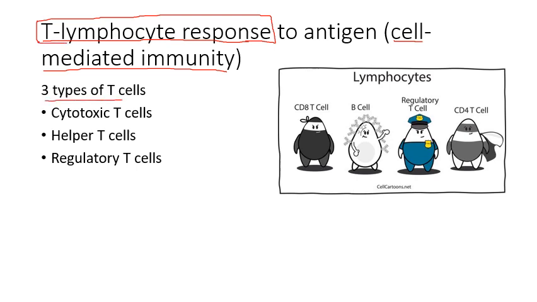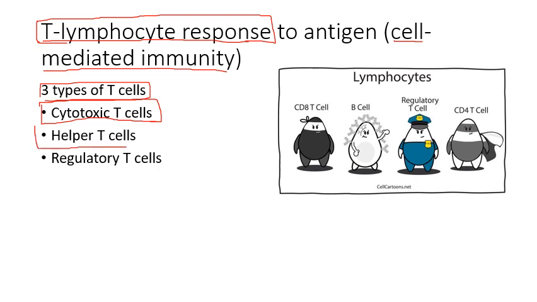There are 3 types of T cells. There are cytotoxic T cells. These are kind of the front line of the military, the immune cells. They are the front line defense, and they're the ones that actually go out and break down the cells. There are the helper T cells.